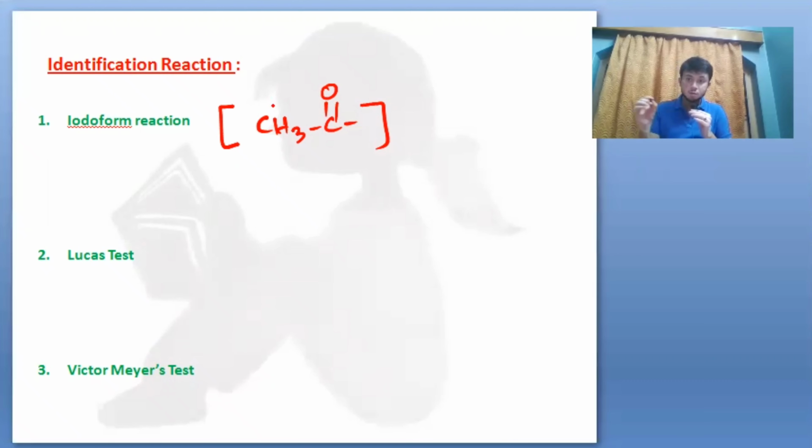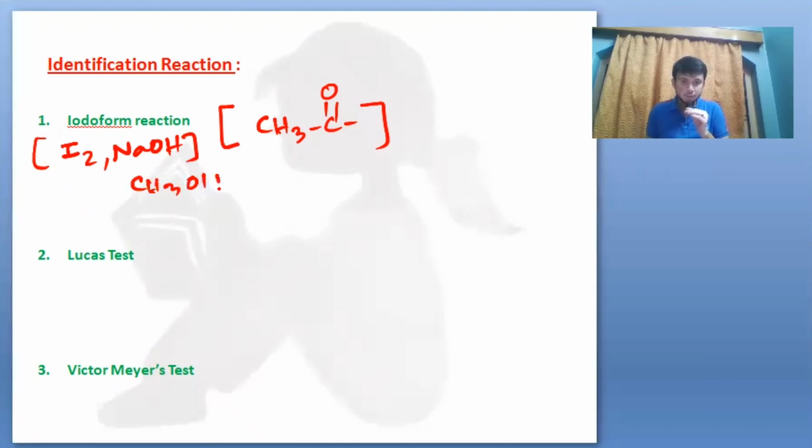So let's see what the reagent of this iodoform reaction is. They will give you I2 and also NaOH. Okay, so if we take this alcohol here, CH3OH, and oxidize it, what does it give us? It gives us HCHO. That means it doesn't have the group I told you about.